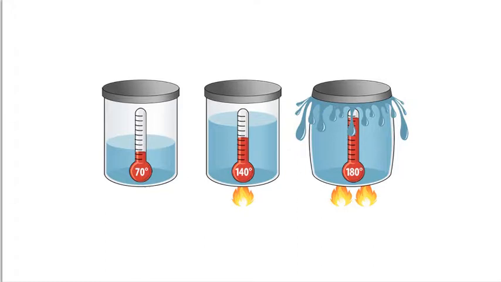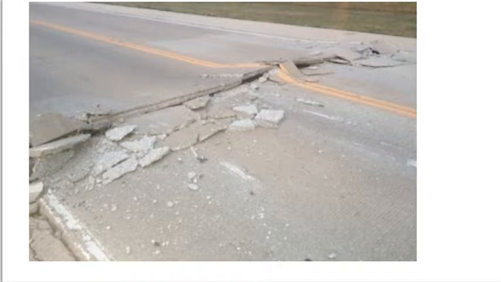And it's not just going to happen with the water. It also happens with other substances, such as concrete. Maybe you've seen this before. In this example, there are two pieces of a road, and due to the heat, they came together and they cracked.